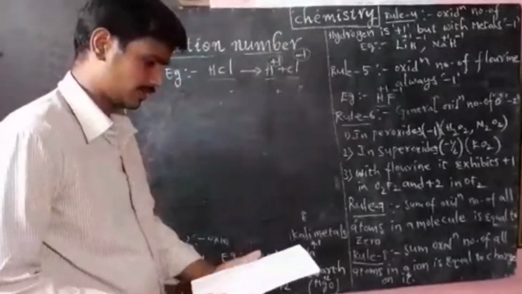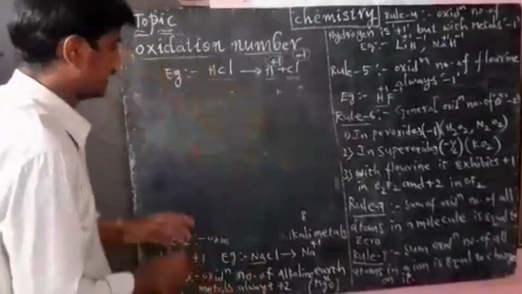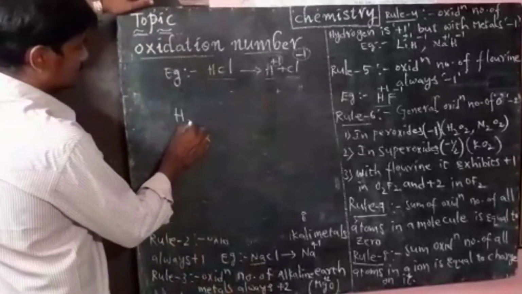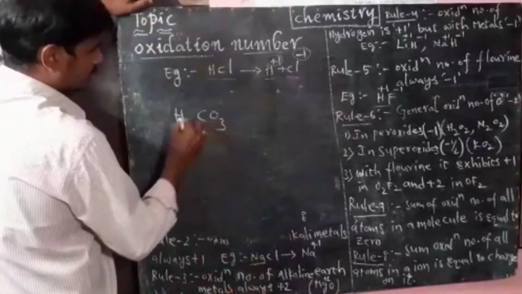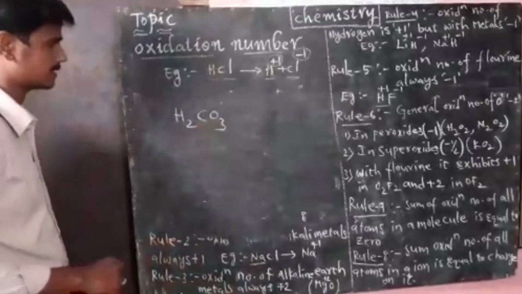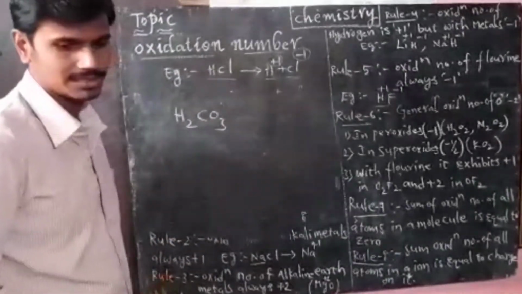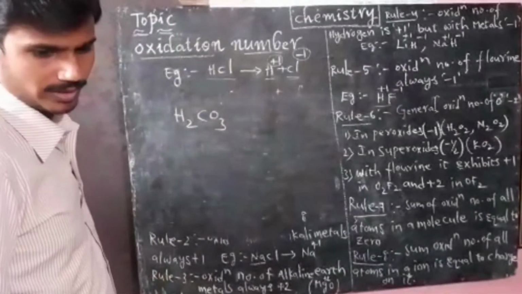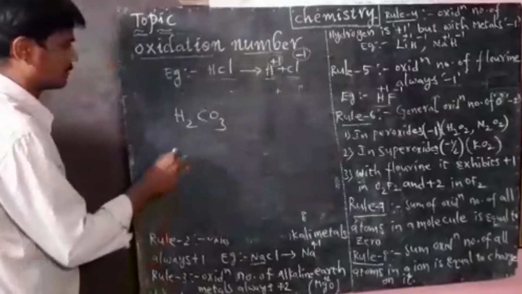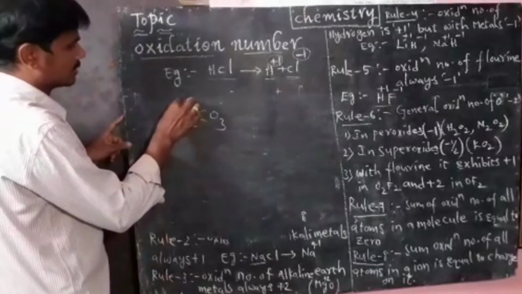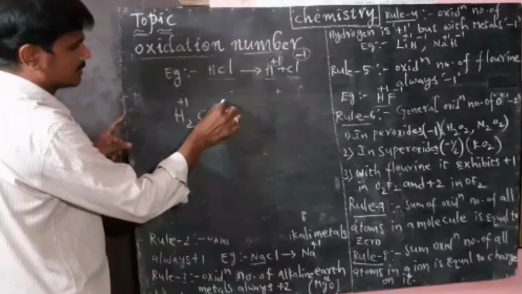Let us see one example. In H2CO3, carbonic acid, I want to calculate the oxidation number of carbon. Generally, hydrogen's oxidation number is +1 and oxygen's is -2.